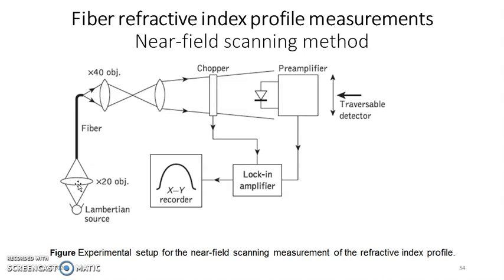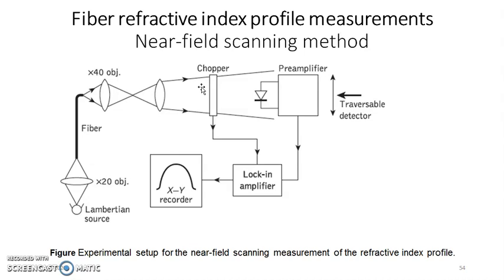The photodetector scans the field transversely and receives amplification from the phase sensitive detection. The light from the source propagates through the fiber. Then a chopper is used, and a lock-in amplifier is used.